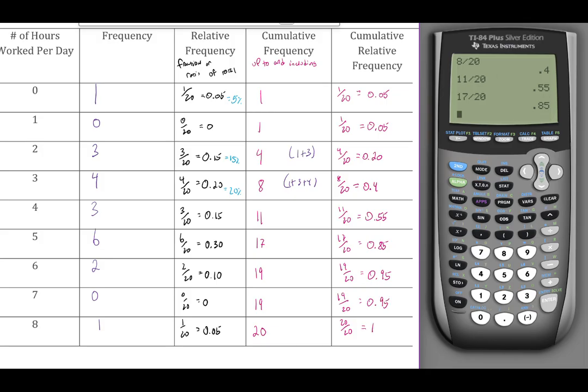And we could also write these as percents if we wanted to. This would be 5%, this would be 20%, this would be 55%. Again, we're just multiplying by 100.